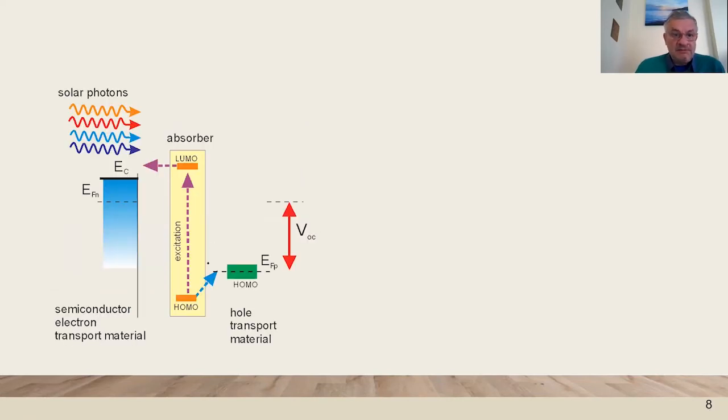In general, we have the absorber. When it is illuminated, it is producing an excitation, and then this takes the form of carriers that are extracted at two different energy levels and two different chemical potentials, and the difference of the Fermi levels and electrochemical potentials, this is the open circuit voltage of the solar cell.